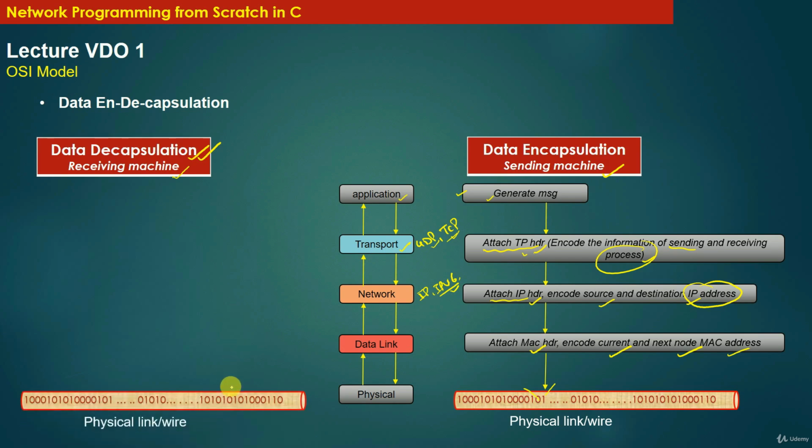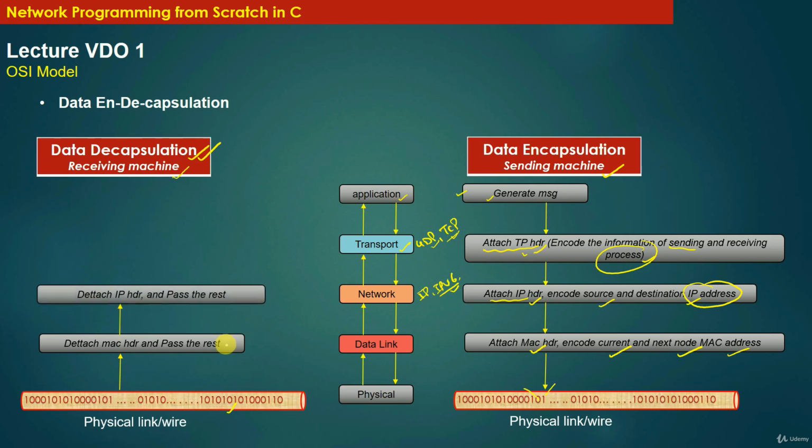So let us say that the data has arrived on the destination machine. On the destination machine, it is the data link layer which picks up the data from the wire. It examines the MAC header that was attached to the packet, and after examining the MAC header, the data link layer passes the rest of the message to the layer above it.